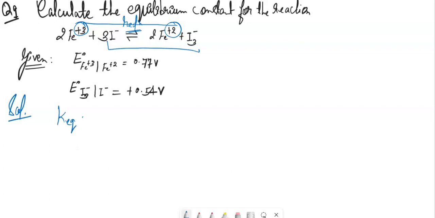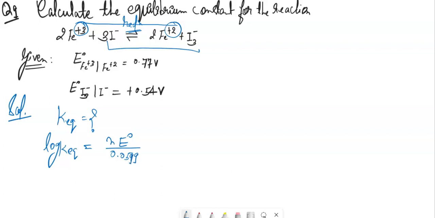In order to calculate K equilibrium, we know the formula. Log K equilibrium equals n E naught cell upon 0.0591.